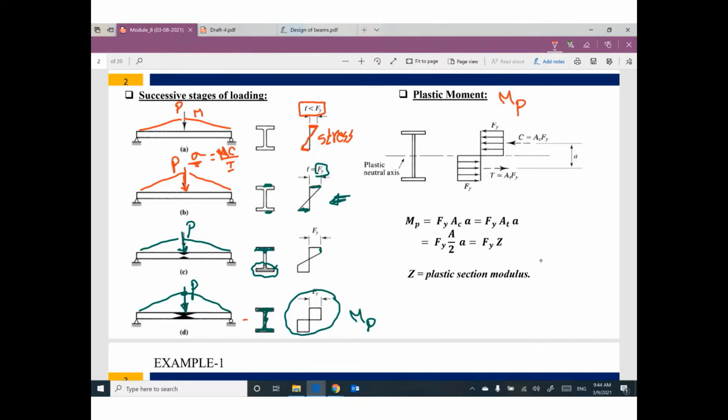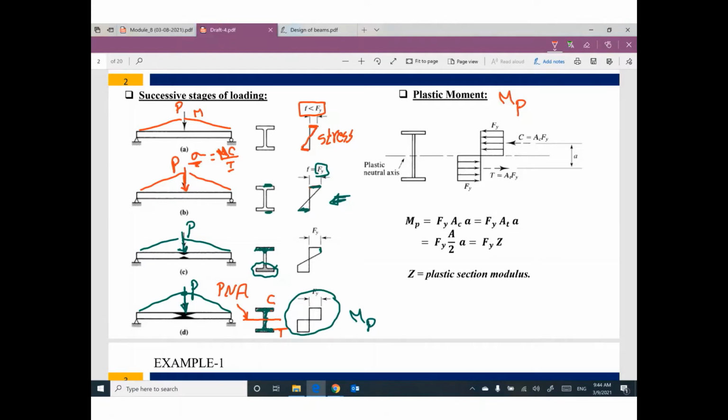And remember, we have part of the cross section under compression and the other part under tension. In between, we have something called the neutral axis. In this case, this neutral axis is special. This neutral axis can be called the plastic neutral axis.